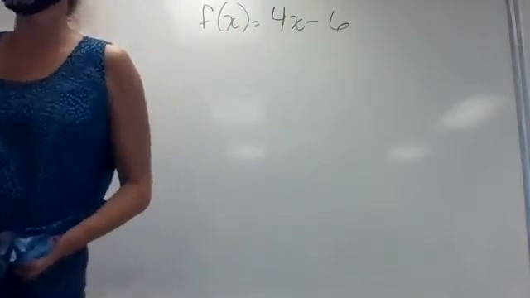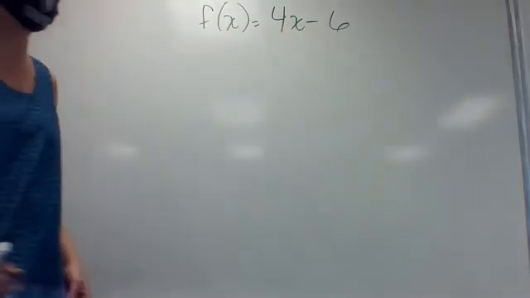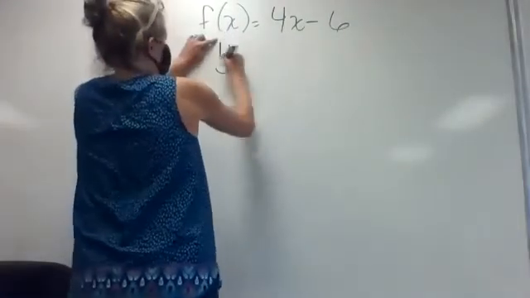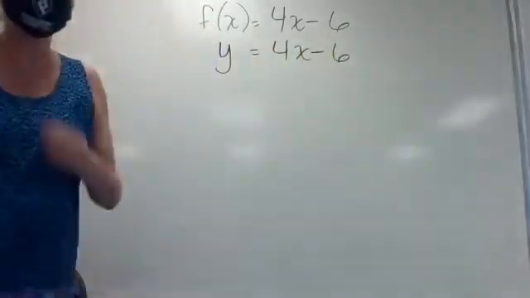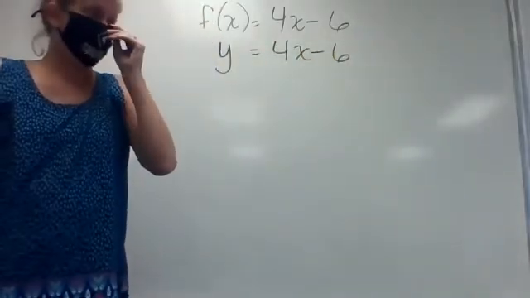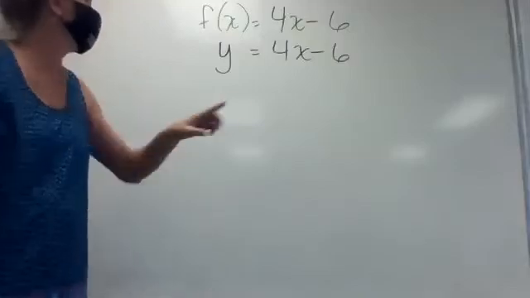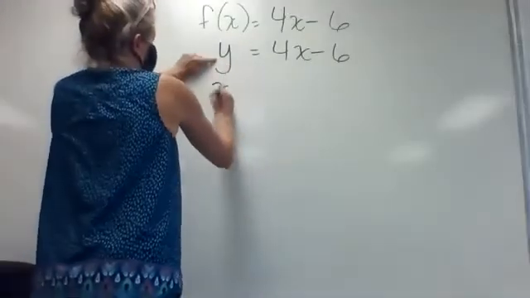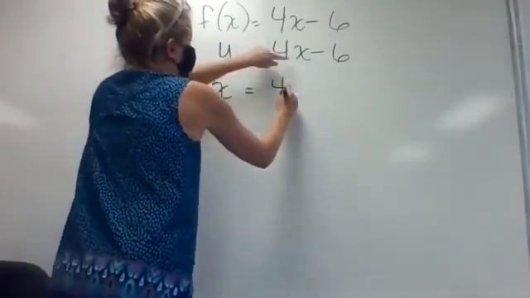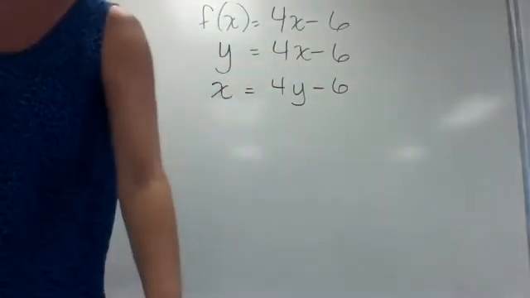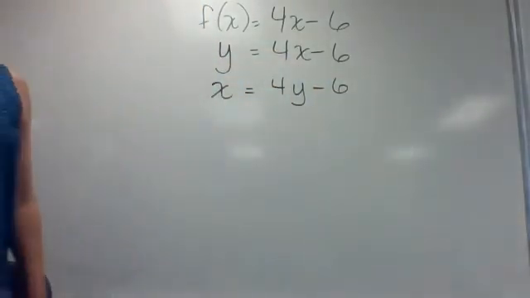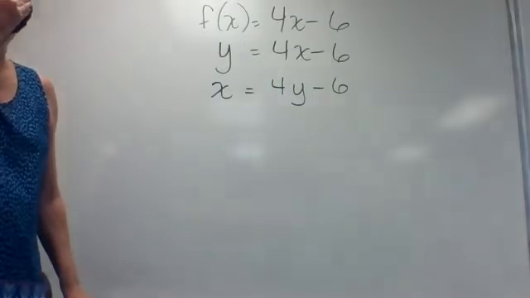Rewrite your function, replacing f of x with a y. So this also says y equals 4x minus 6. Now flip-flop them. So x equals 4y minus 6. Now get your new y by itself.